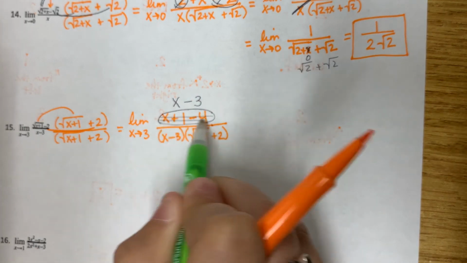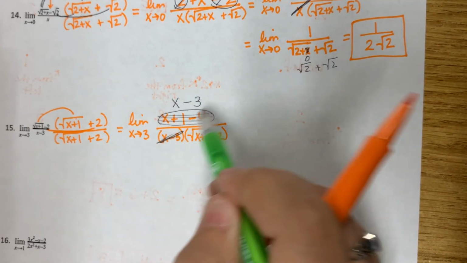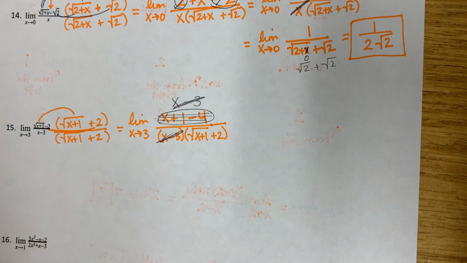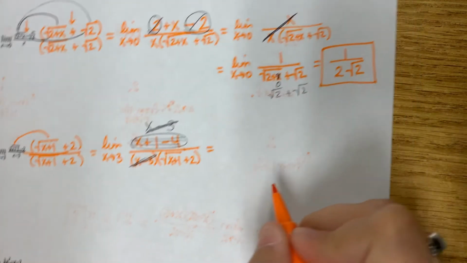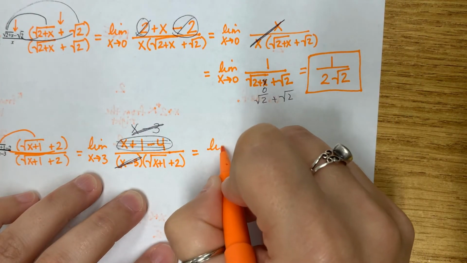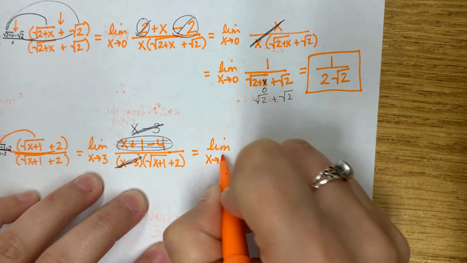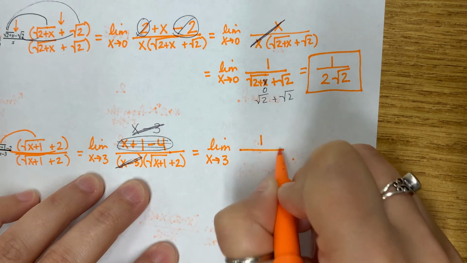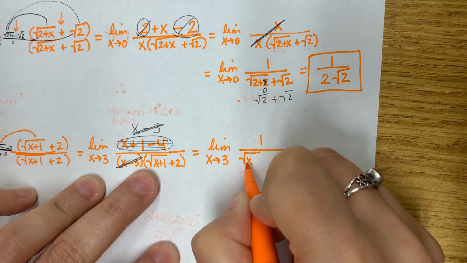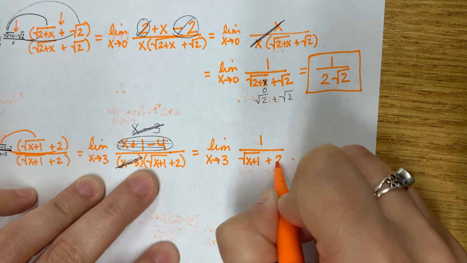So this cancels with this. And that happened on the homework as well. Okay, so that means I have the limit as x approaches 3 of 1 over the square root of x plus 1 plus 2.